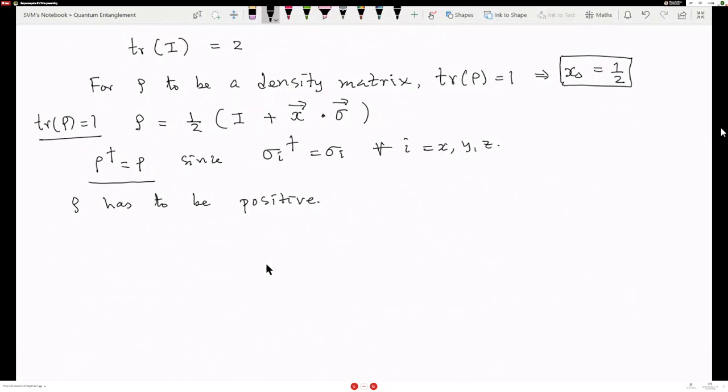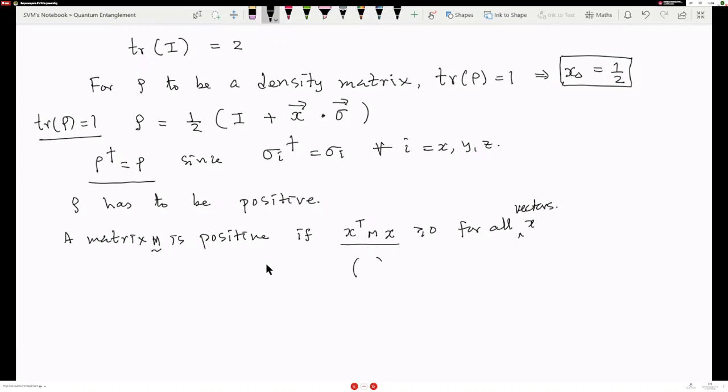In general, a matrix M is said to be positive if x transpose M x is greater than or equal to 0 for all vectors x. This is basically called a bilinear form.